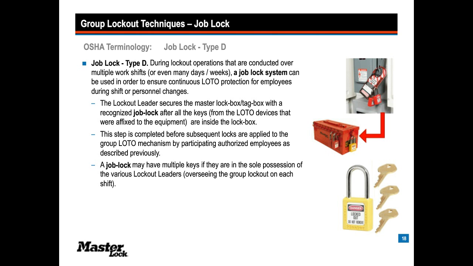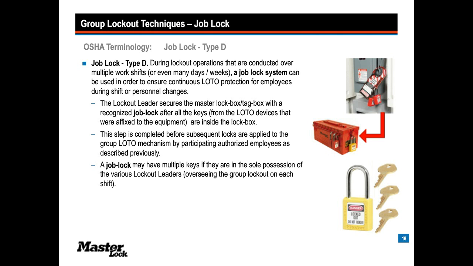Okay, and so we are following standard master lockbox procedures where the box is secured by personal locks, but the master key securing that can either be transferred or shared among leaders. They are not personally working on the machine because they would have a lock that has a key someone else has access to. But what we're doing is we're maintaining continuity over many work shifts.